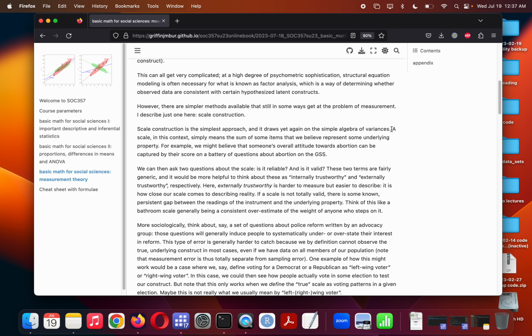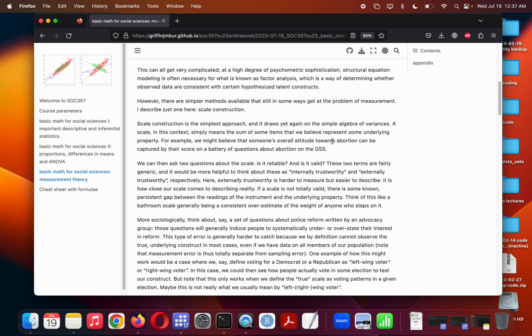So a scale basically ends up just being the sum of certain items that we believe to represent an underlying property. For example, as we'll see in a little bit, we might believe that someone's overall attitude towards abortion can be captured by their score on a battery of questions about abortion on the GSS, the General Social Survey. It's a pretty straightforward belief, and it turns out that this straightforward approach is totally adequate.